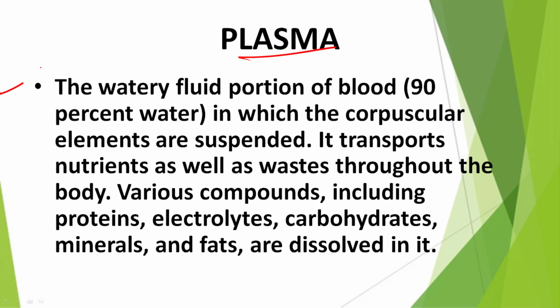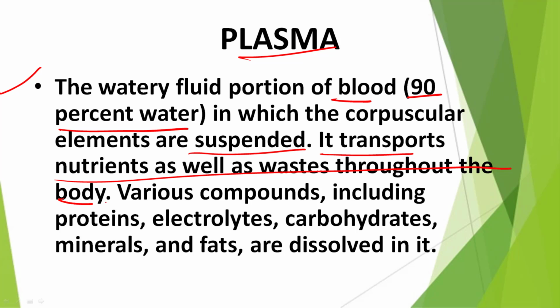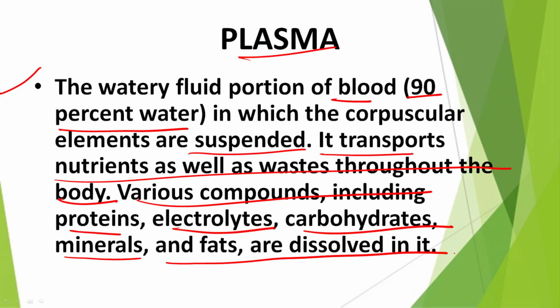Plasma is the watery fluid portion of blood, which constitutes 90% water, in which the corpuscular elements are suspended. It transports nutrients as well as waste throughout the body. Various compounds including proteins, electrolytes, carbohydrates, minerals and fats are dissolved in it.